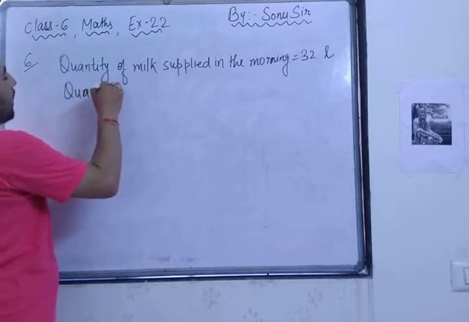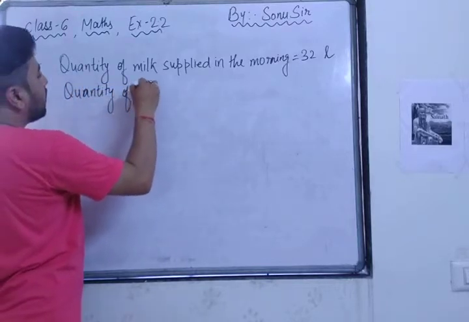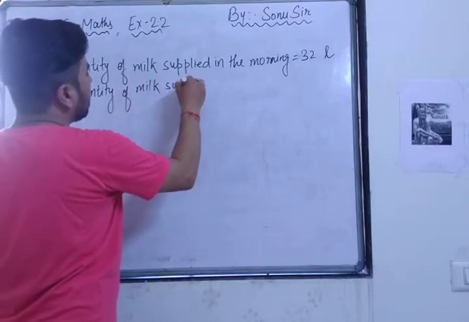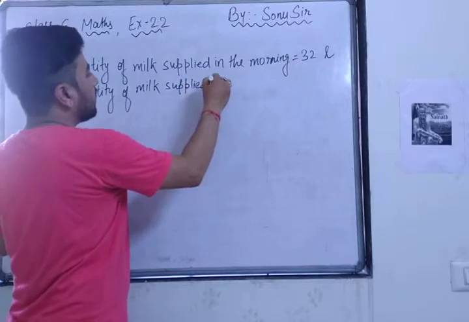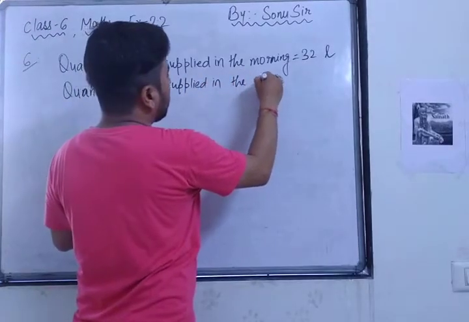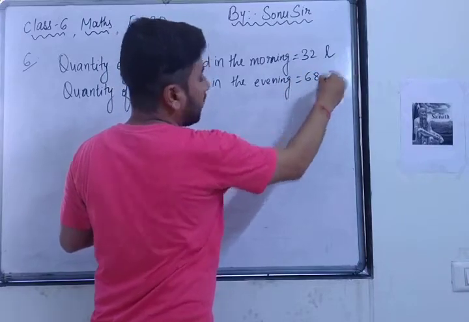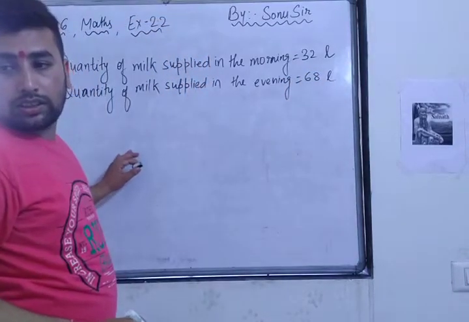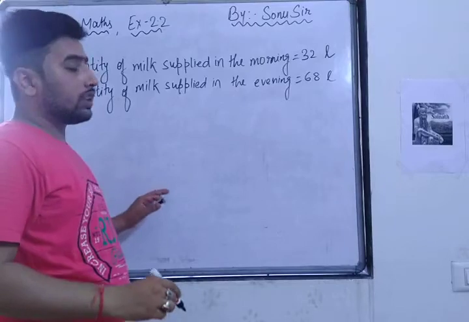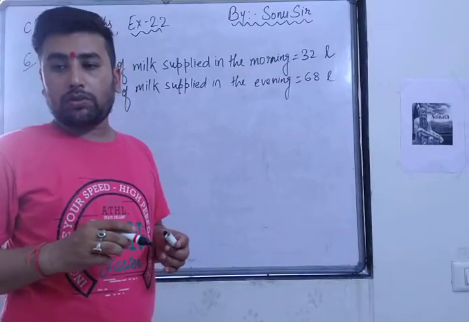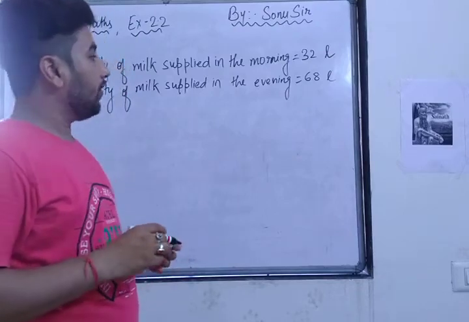And the quantity of milk supplied in the evening is equal to 68. Right? So 32 liters of milk in the morning and 68 liters in the evening.